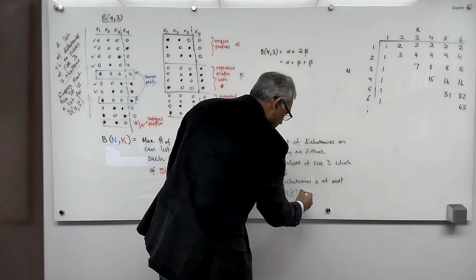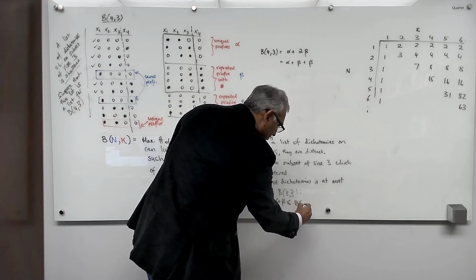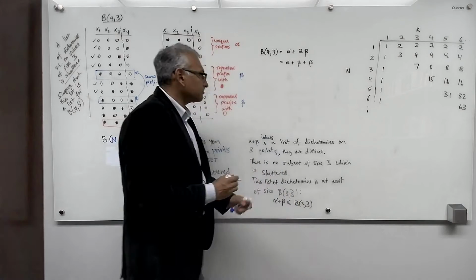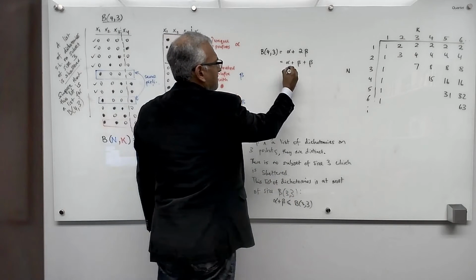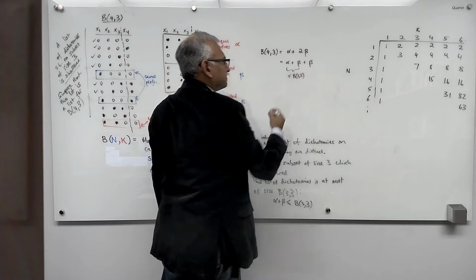So what this means is that alpha plus beta is at most B(3,3).